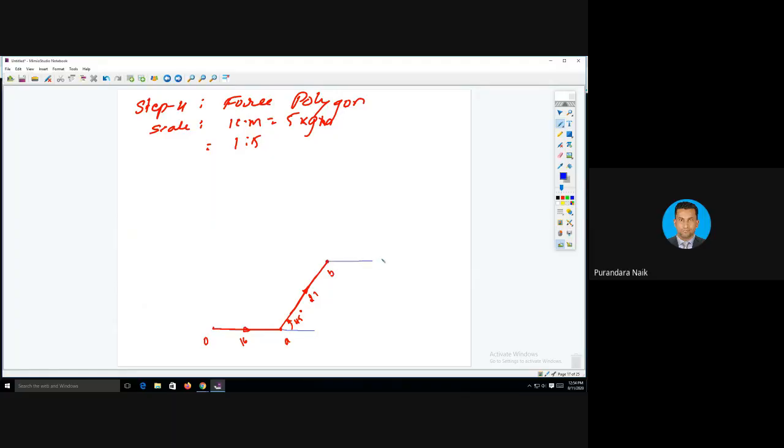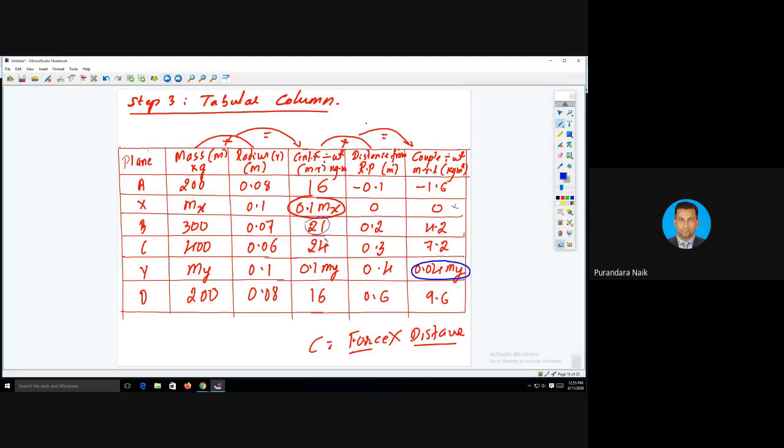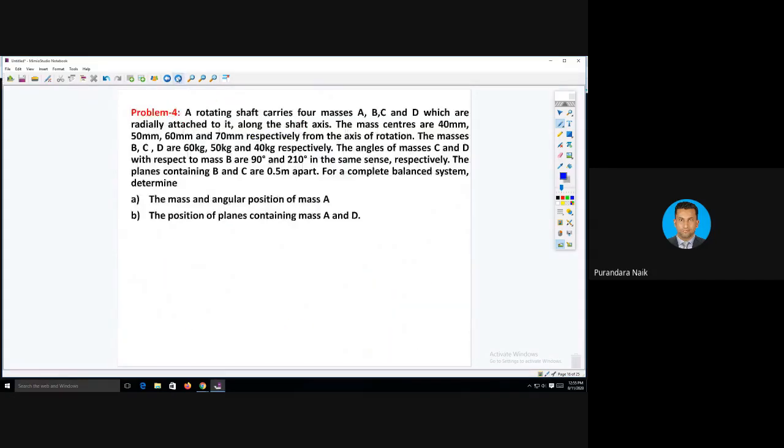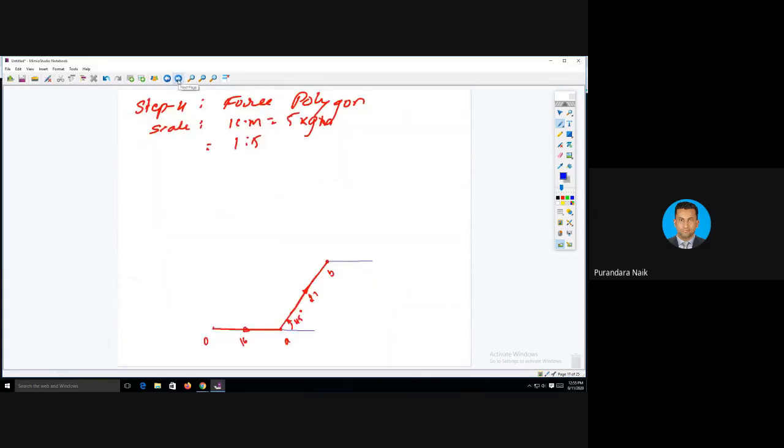Draw a reference line. Next, mass C is 24. 24 divided by 5 gives 4.9. But the angle is 70 plus 45, which is 115 degrees.